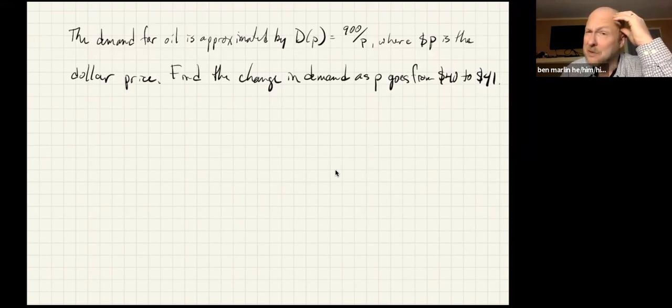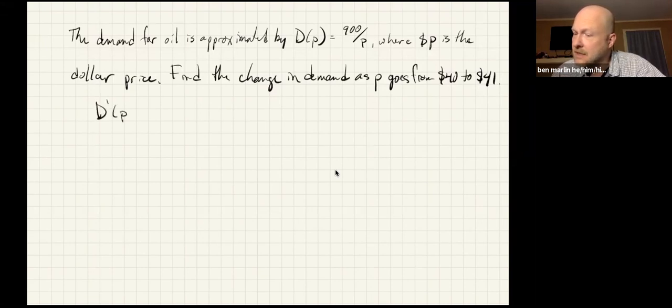And in general, you don't know the actual function, but pretend we do, and then pretend that it's this. So if we're going to find the change in demand as the price goes from $40 to $41 a barrel, then we can go in here and say D of P, or D prime of P.